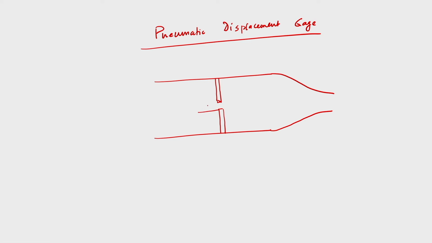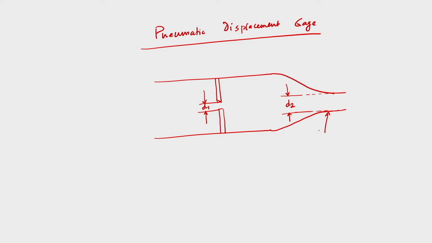Say this diameter is d1 and this diameter is d2, and we have a cylindrical shaped exit, just a nozzle.